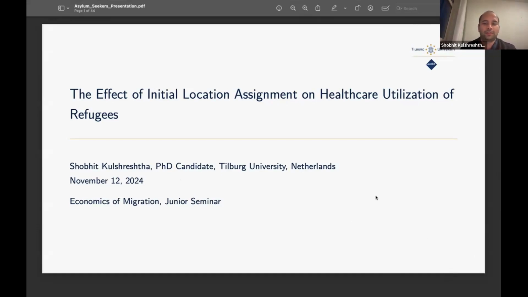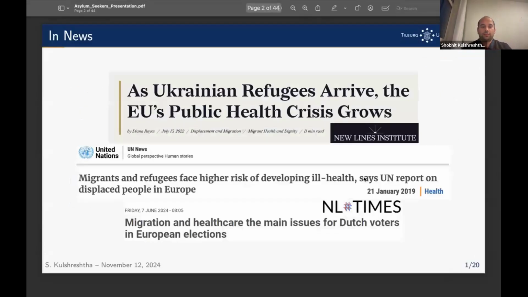Now, before I begin explaining all the models and everything, let me start with just a few headlines. I'm sure many of you might already know this, but migration is becoming a bigger problem day by day, with a lot of developed countries facing issues with how to curb migration, or rather, what many call forced or illegal migrants.